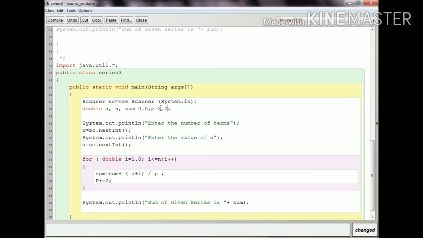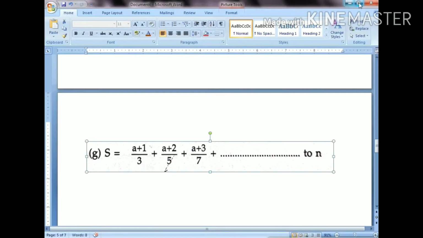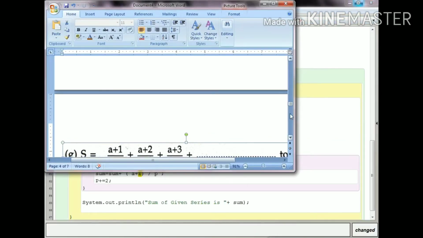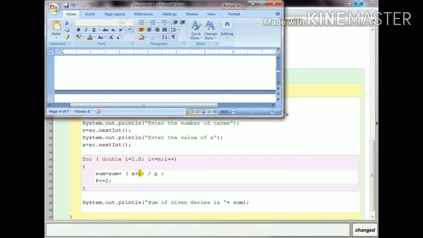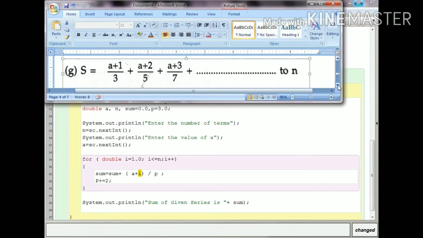Now the value of I is 2. Now the second value is a plus 2. I just sort the picture. That is a plus 1 by 3.